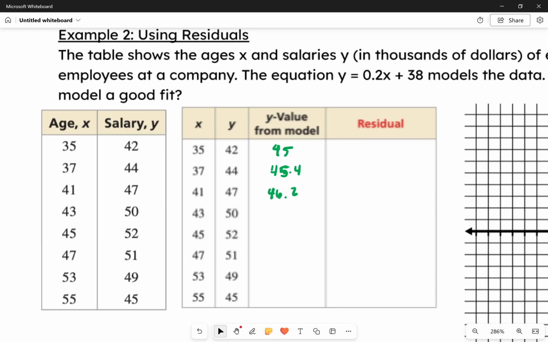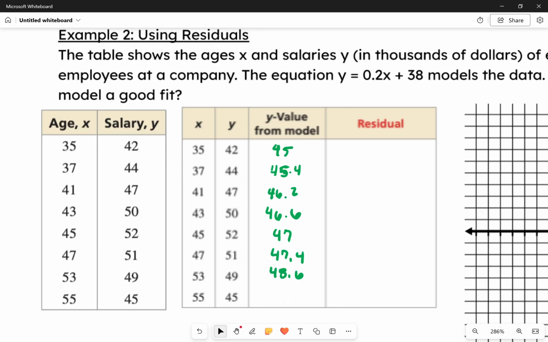Then 43 times 0.2 equals that plus 38: 46.6. 45 times 0.2 equals that plus 38 equals 47. 47 times 0.2 equals that plus 38 equals 47.4. 53 times 0.2 equals that plus 38 equals 48.6. 55 times.